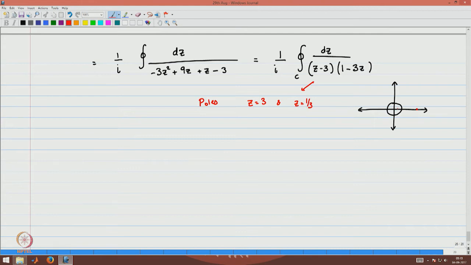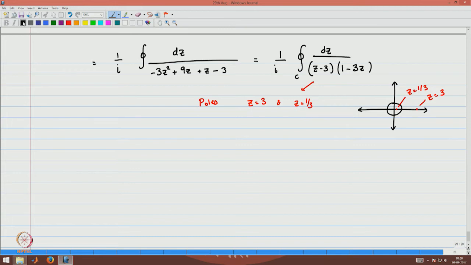Now, z equal to 1/3 is somewhere here, and you have z equal to 3. Clearly, in this contour integral the only pole that matters is z equal to 1/3, because that is the one that is inside the contour.